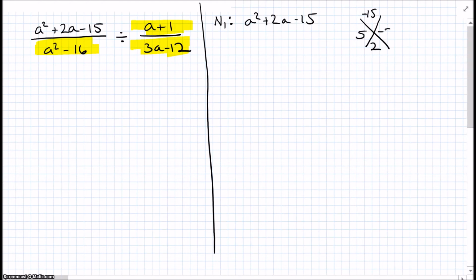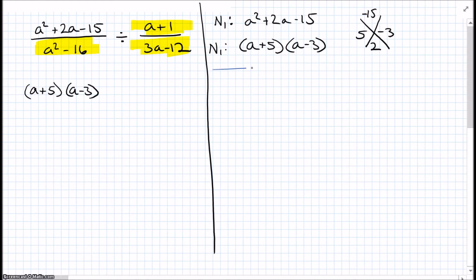Well, that could be 5 and negative 3. So we can say that is (a plus 5) times (a minus 3). So that's numerator 1, and we write it over here: (a plus 5) times (a minus 3). All right, draw a little line.